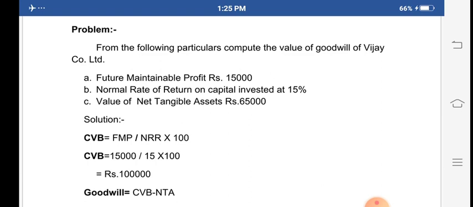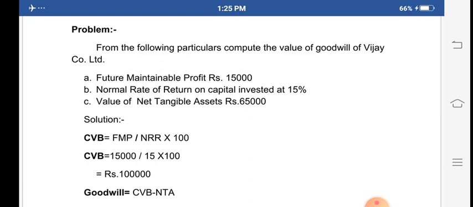So CVB is equal to 15,000 divided by 15% into 100, you will get the CVB as rupees 1 lakh.